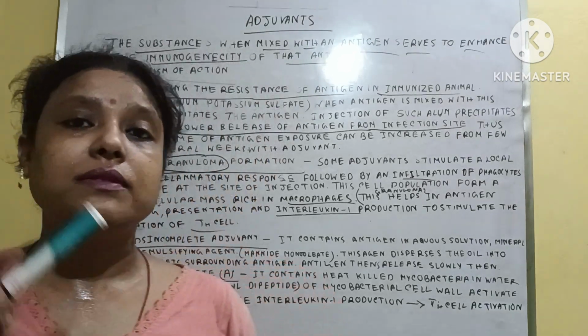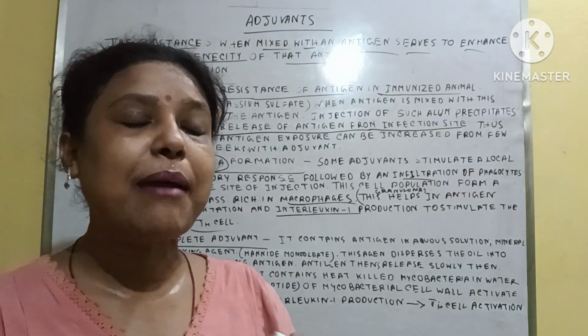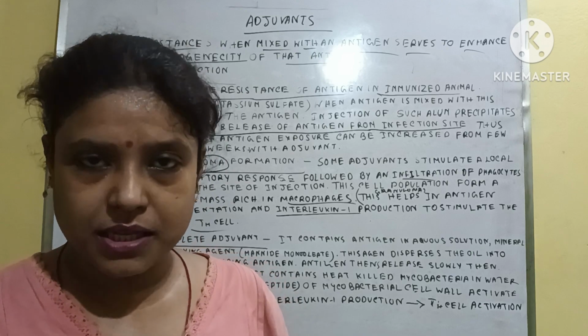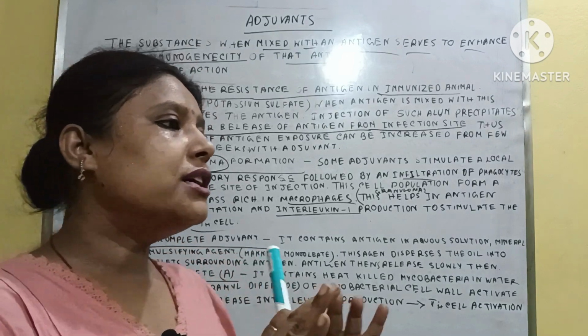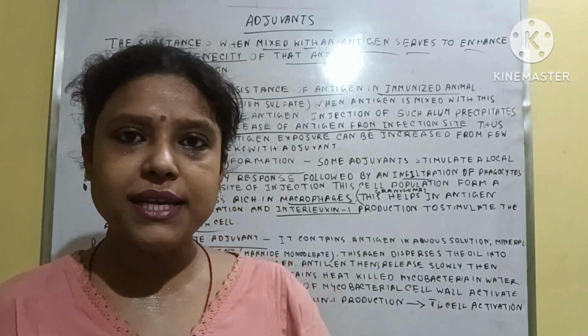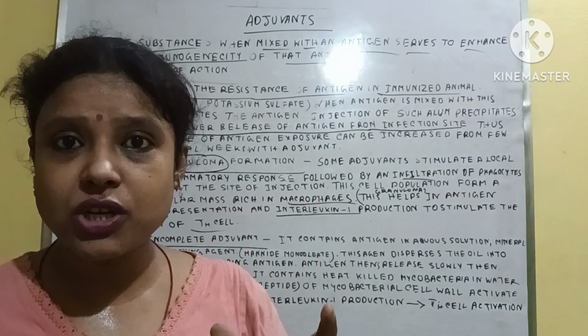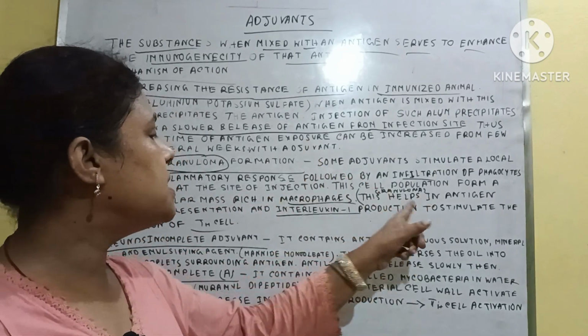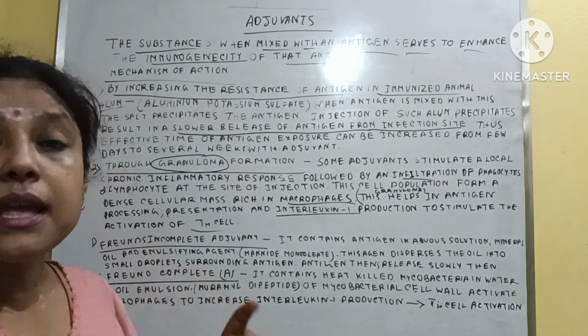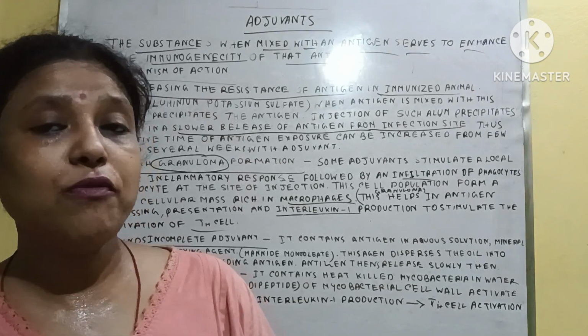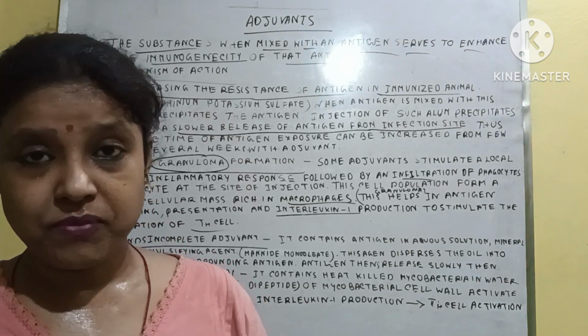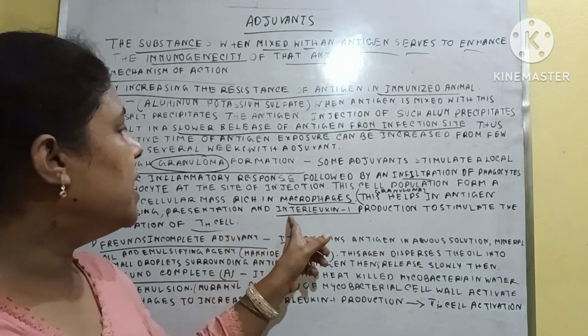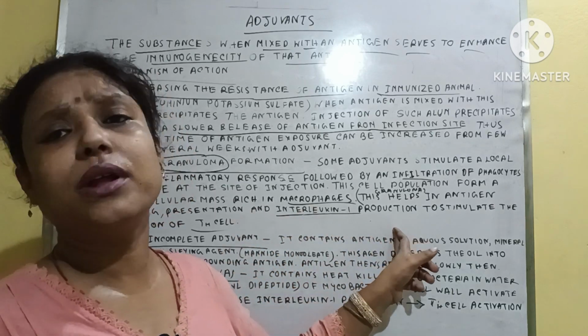You all know that the Th cell helps destroy foreign particles. So two works are done: antigen presentation and processing through granuloma formation, and destruction of the foreign particle through interleukin 1 production.